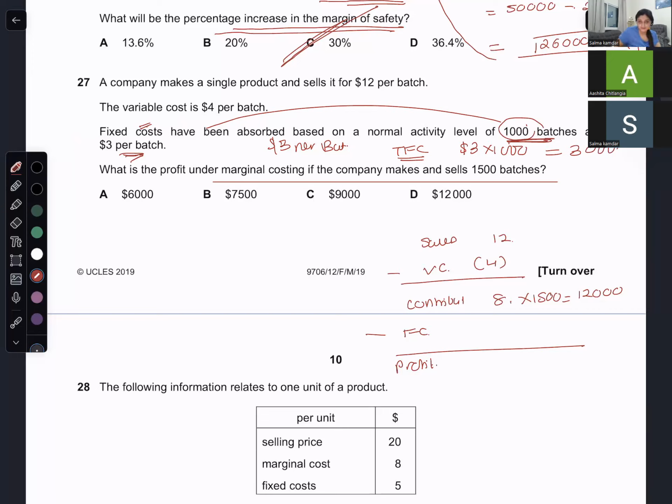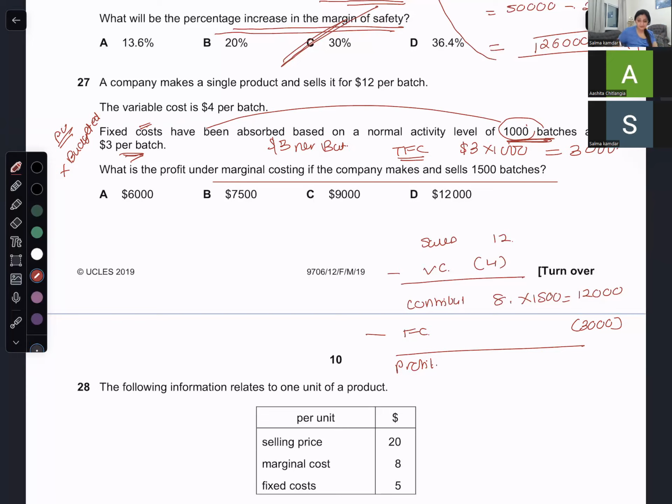Whenever you have to calculate the total fixed cost and they've given you a per unit figure, you multiply it with the budgeted production. So your fixed cost would be 3,000, because you estimated based on your budgeted activity level. Then you produce more or less, it's up to you.